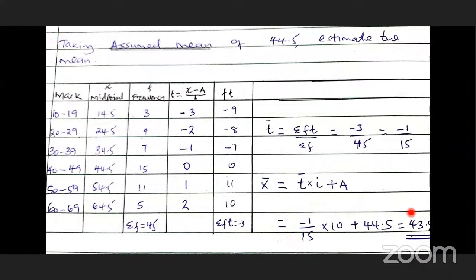Somebody is asking, in case you are not given the assumed mean, can you use the normal mean, which is given by fx divided by summation of f? The answer is no, you cannot use that. Remember, we are looking for the mean, and we are using a method that will assist us to get the mean easily.